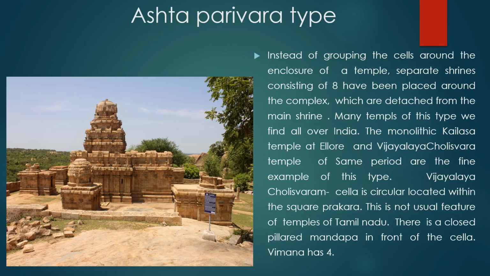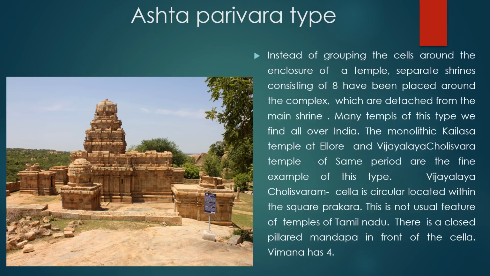The Vimana has 4 talas, and this is Sandhara type with the equal size closed mandapa in front. Its inner wall enclosing the sanctum is circular. I have mentioned that, leaving an intervening passage all round.